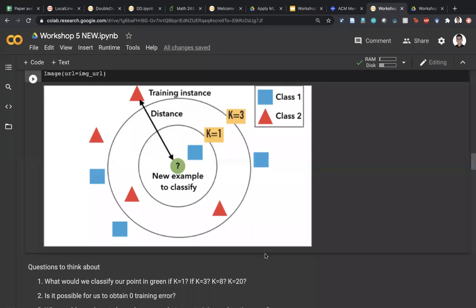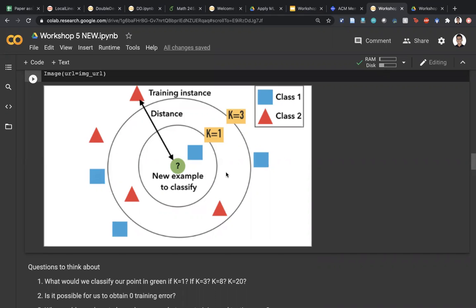So one more response we have here is even numbers. And I guess that definitely makes sense in this case when you're classifying between 2 points, basically because you might end up with a tie. But if you think about it, let's say we're trying to classify a new data point into 3 different types of classes, then we would have to eliminate maybe all multiples of 3 as well to break ties.